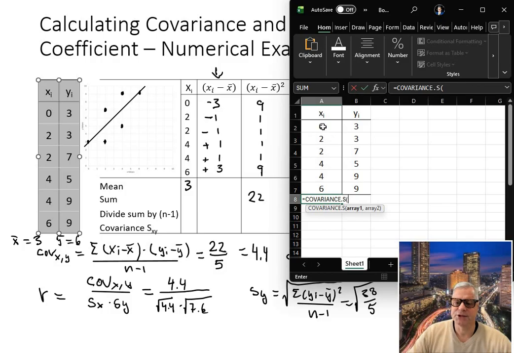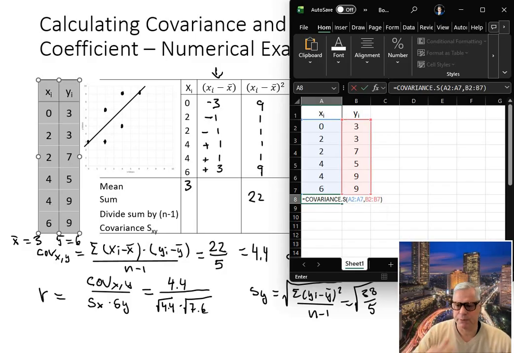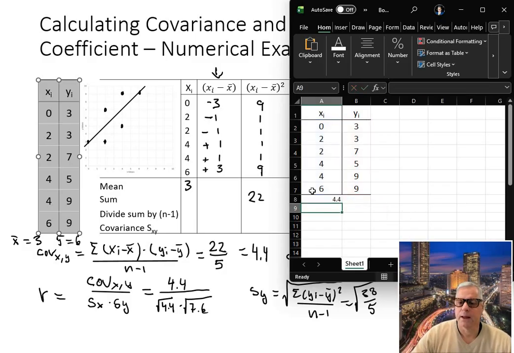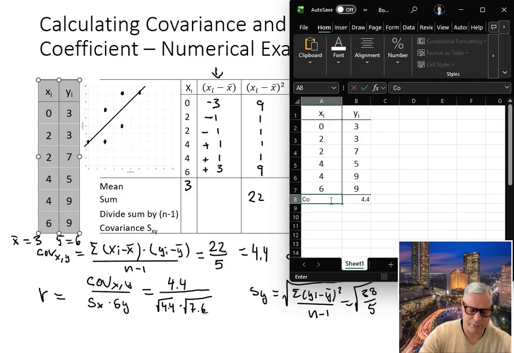Then it says array 1. Array 1 are these numbers, those are the x's. Then array 2 is this one. Close parentheses. And now we see we get indeed 4.4. So let's put that here. So that's the covariance between x and y.